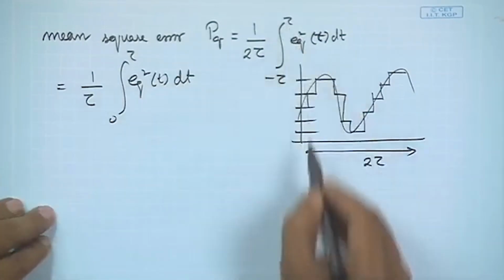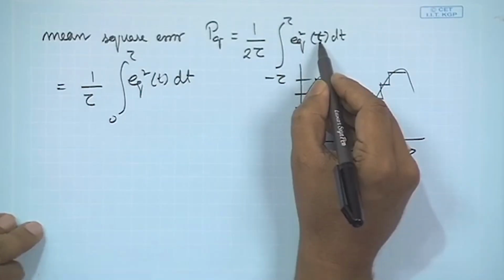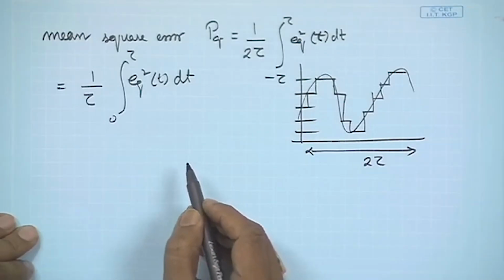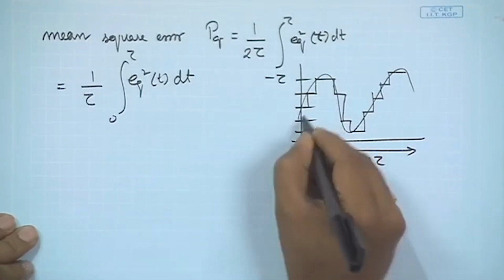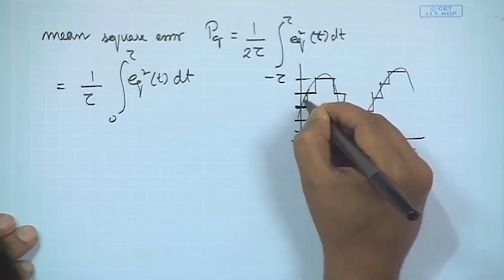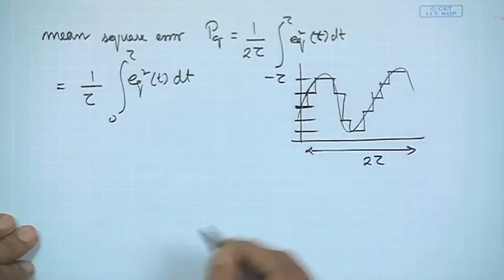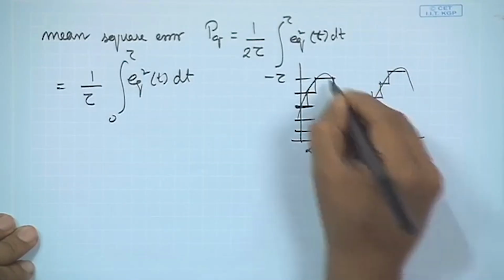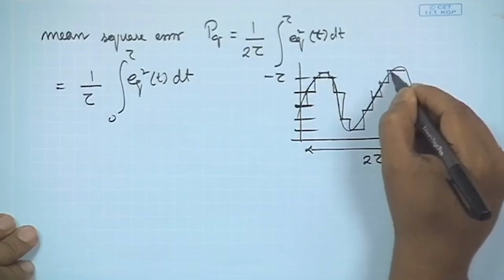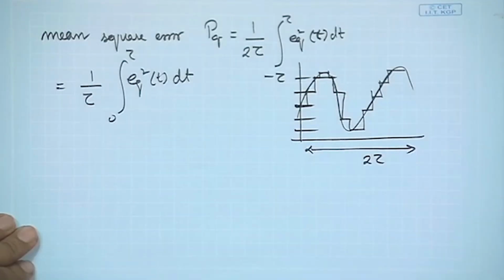Note I have used tau here because this is the range of the interval in time, and this is t. We will also use the relationship that within this interval, the signal is as if flowing in a linear fashion. This approximation we are going to do, as if the signal is going linear in these intervals.